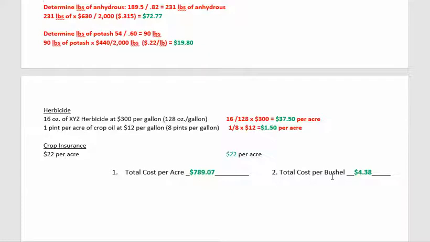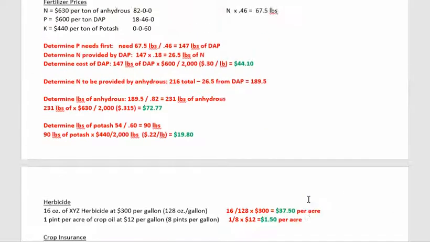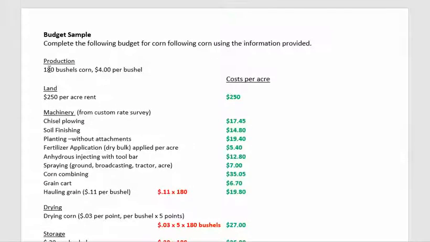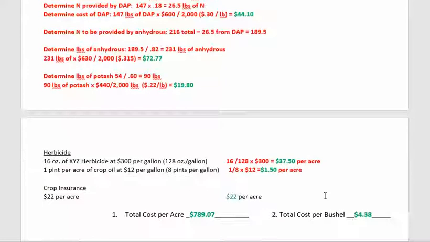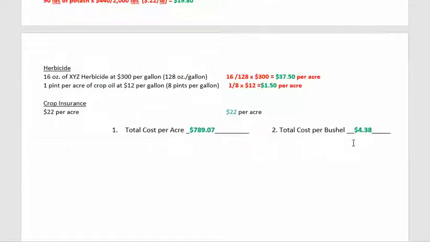To figure out my cost per bushel, I just divide cost per acre by total bushels. And I told you up here 180 bushels per acre. So 789.07 divided by 180 bushels per acre, $4.38.